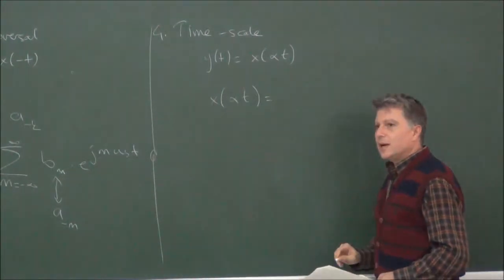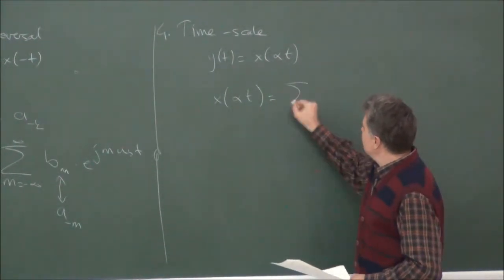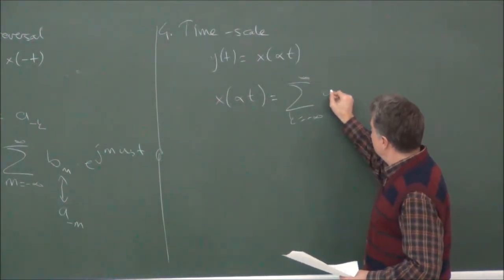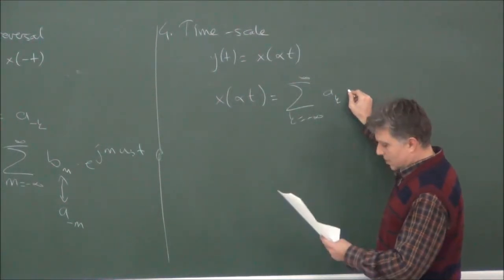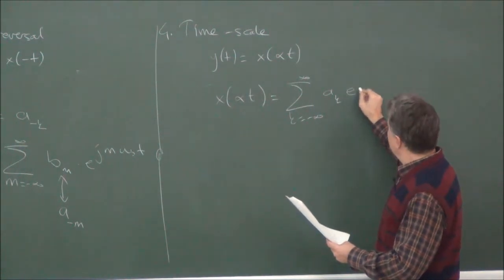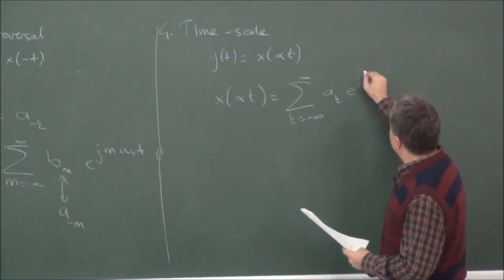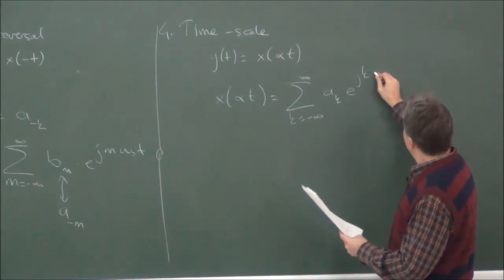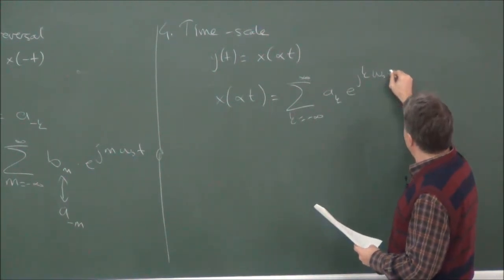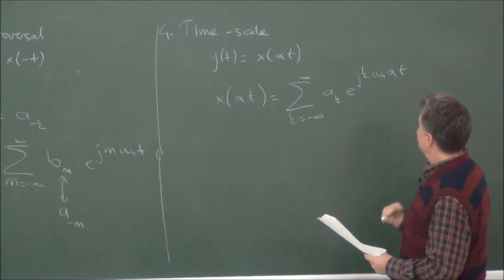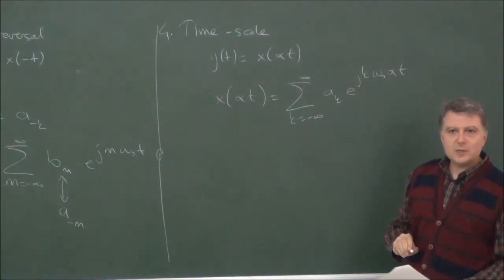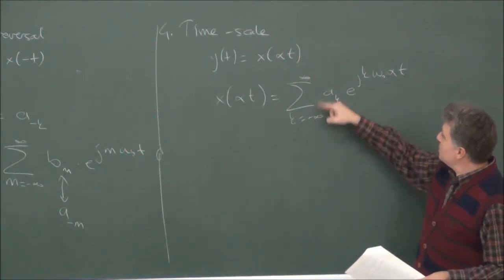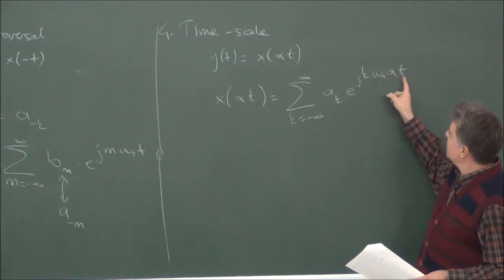If you want to write x of alpha t in terms of the harmonics, e to the j k omega 0 alpha t would be our new expression, because x of t is equal to summation a_k e to the jk omega 0 t.